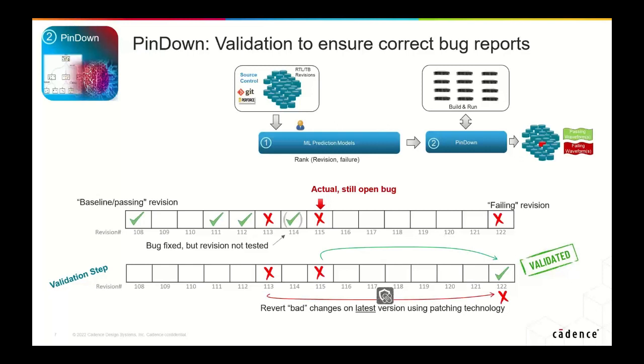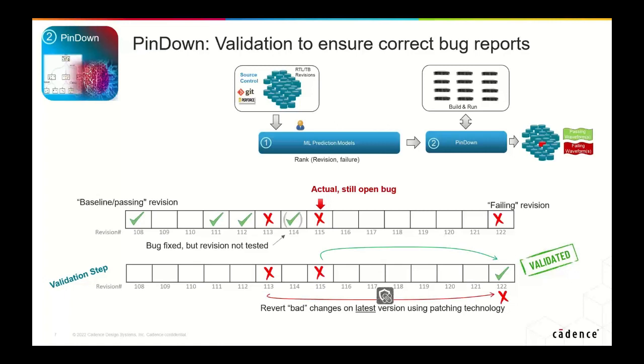So the important thing here is that, as I said in the beginning, in 50% of the cases, one of the top 3 most risky commits actually contain the bug. And the way we know which one of these 3 it is, or if it's something else, is by this validation process.